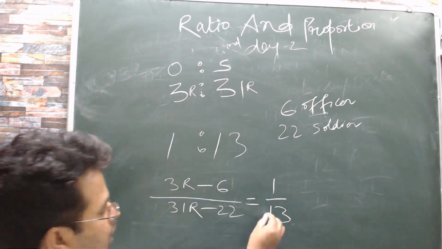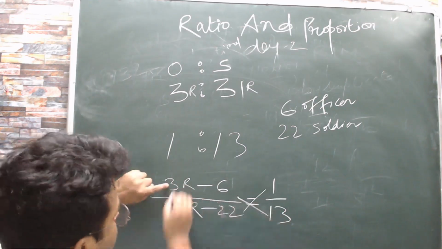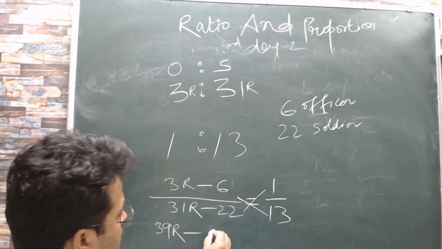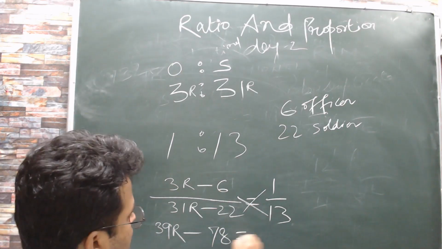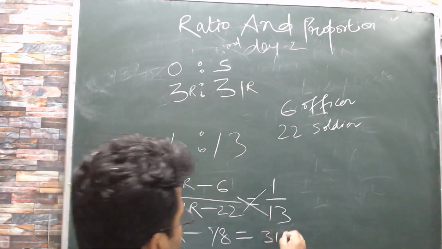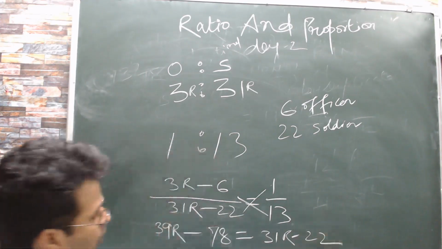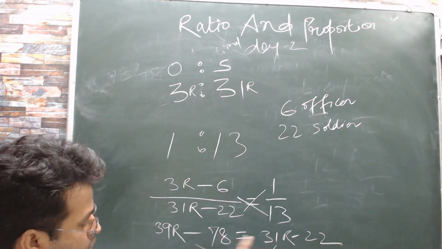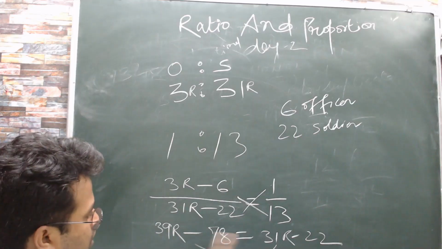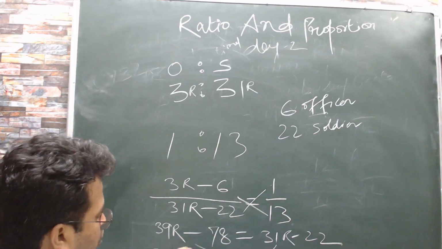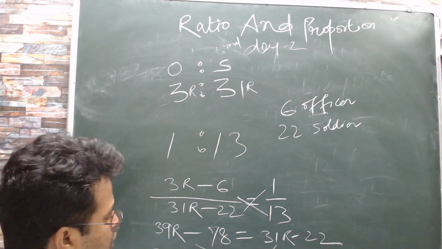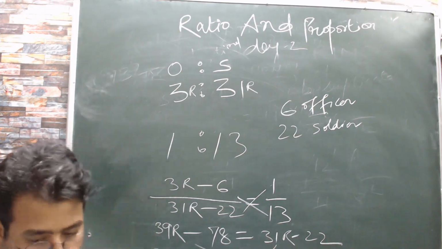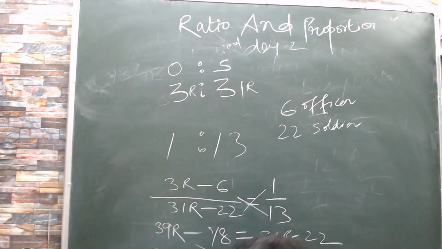So just cross multiply. 13 3s are 39R minus 13 6s are 78 is equal to, multiply 1 here, so you will get 31R minus 22. Sorry, it's not visible now.